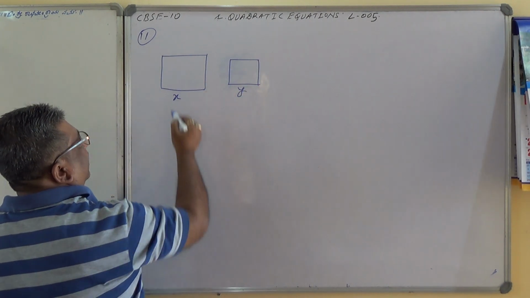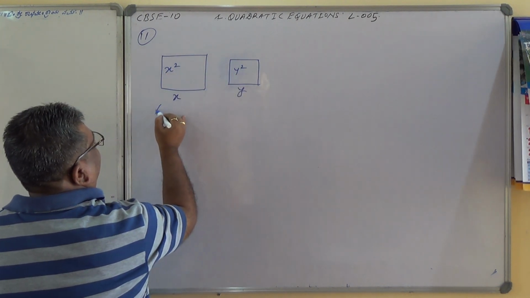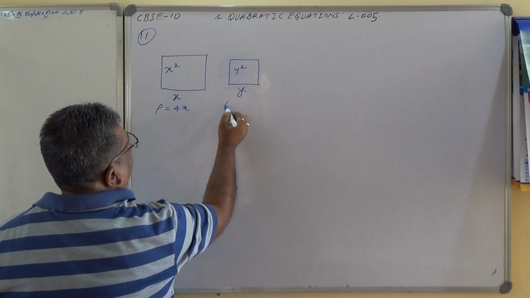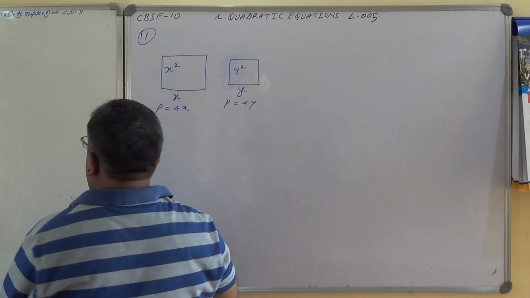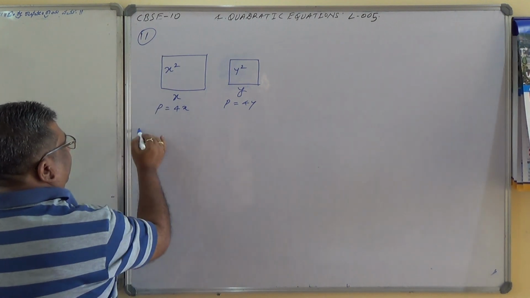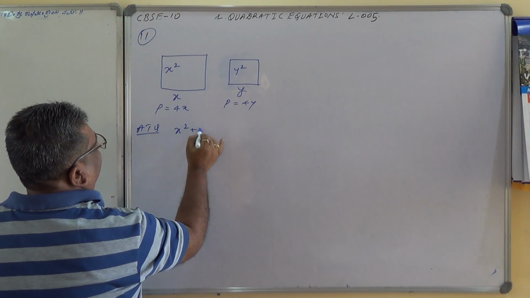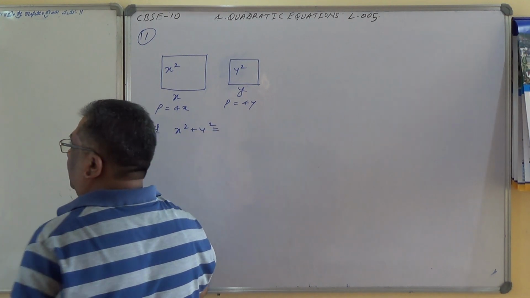Area here is x square, area here is y square, perimeter is 4x here, perimeter is 4y here. The sum of the areas is 468 according to the question: x square plus y square equals 468.